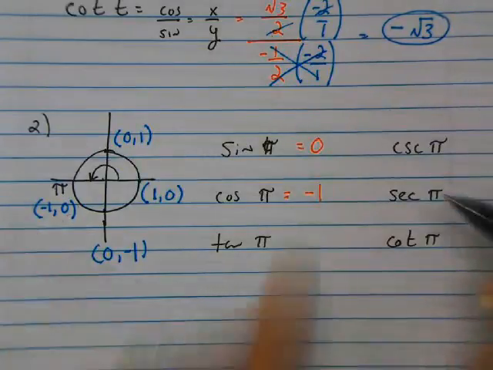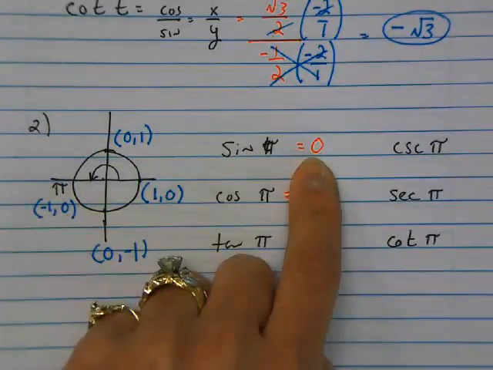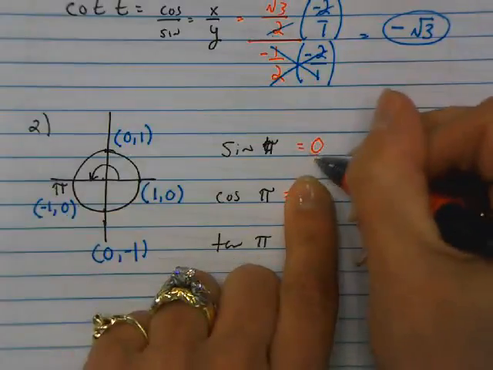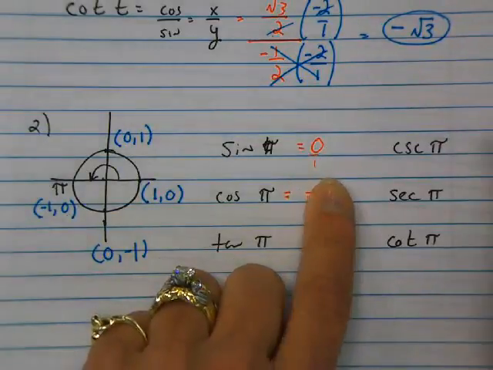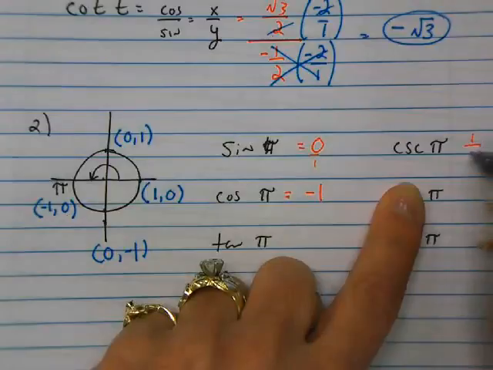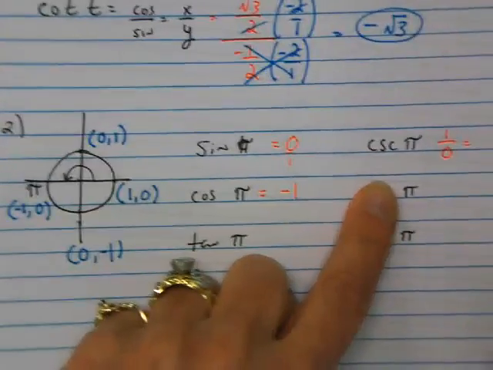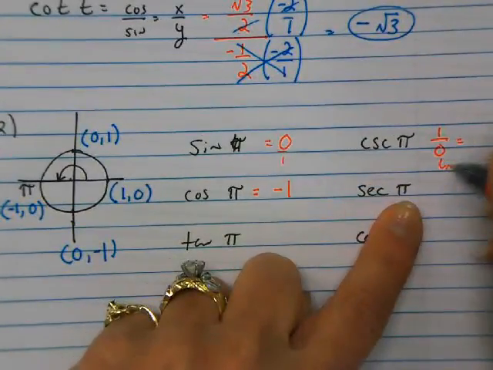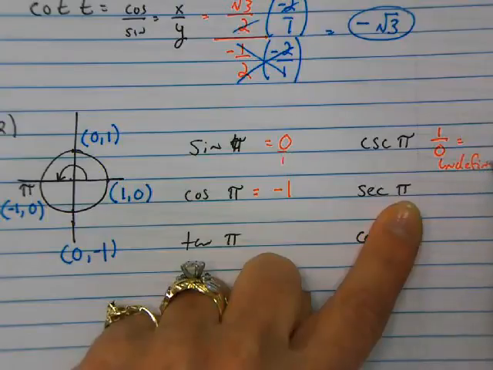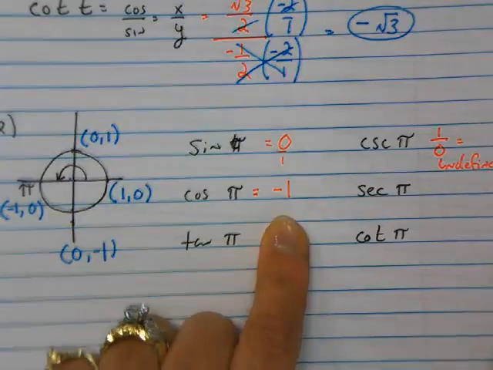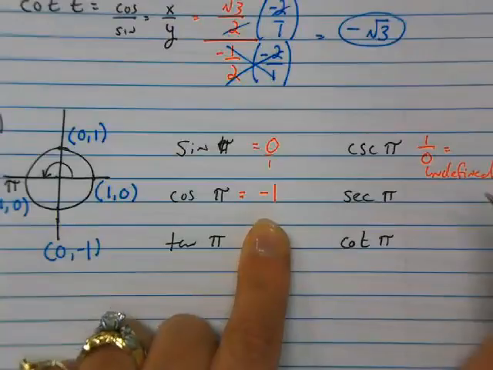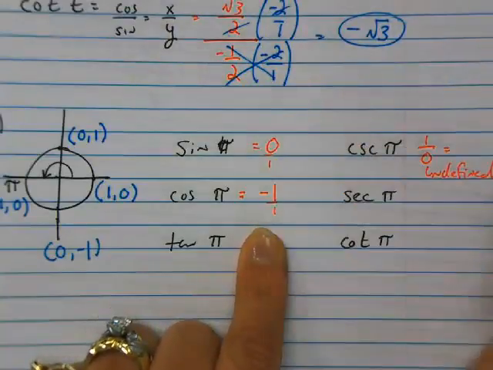Well, do you agree that there's a 1 underneath here? So the reciprocal is 1 divided by 0, but can you divide by 0? No, so it's undefined. Now, underneath this -1 is a 1, if you want to think of it that way. So the secant would be his reciprocal, which is still -1.